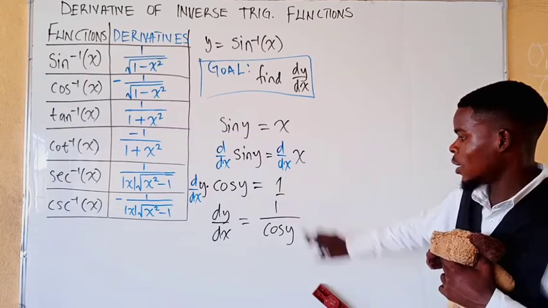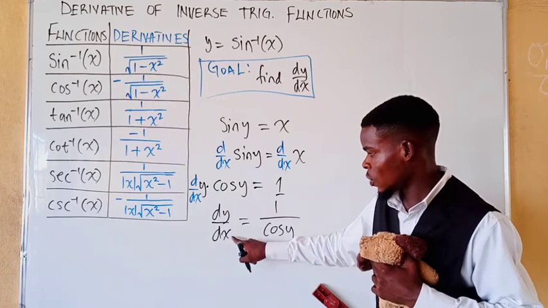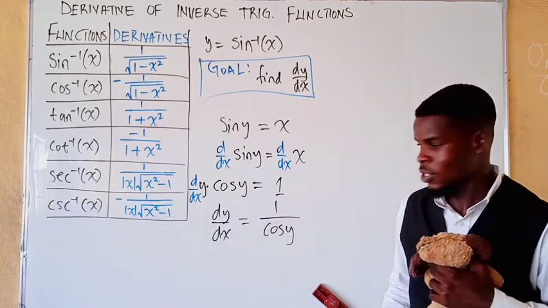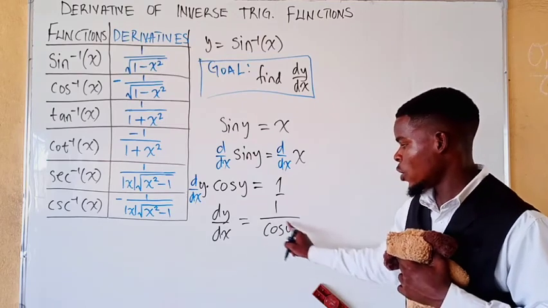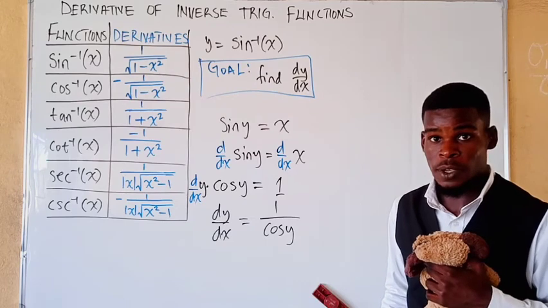This would have been a nice place to stop, but since we are looking at dy/dx, a y written in terms of x, the derivative should also be a function of x. So we look for a way to eliminate cosine y and put in something in terms of x.